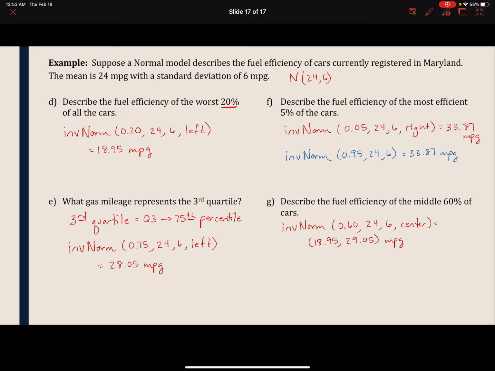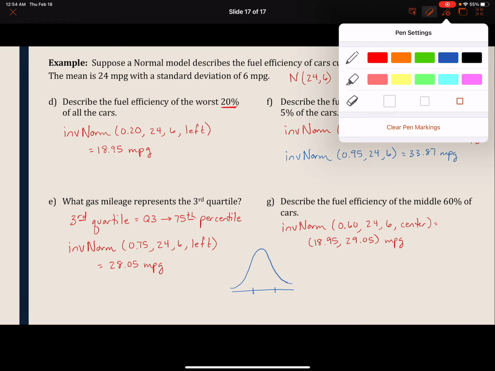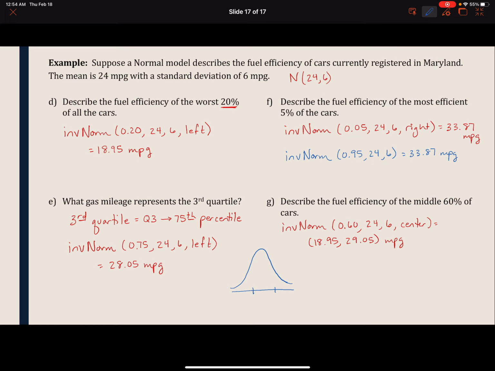But if you have the older calculator, you have to do a little work here, and I'm going to draw a quick sketch before I start writing things out. So looking at the middle 60%. All right, so this is the middle 60%.